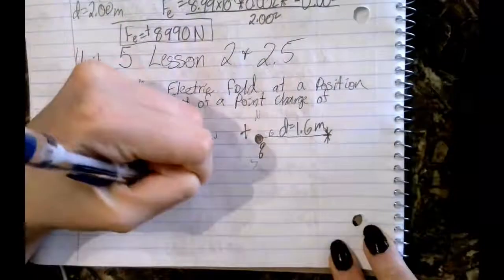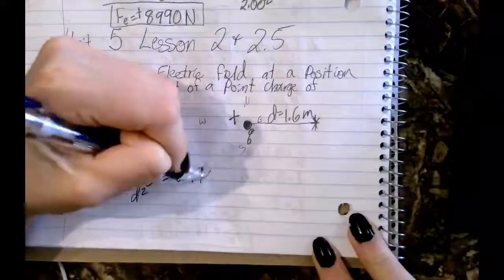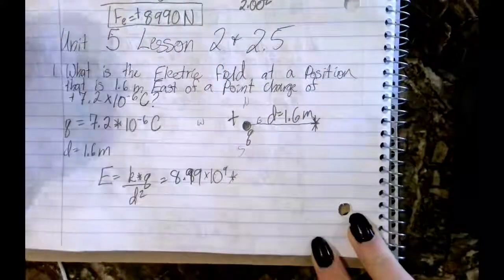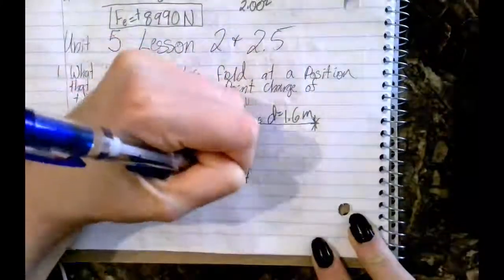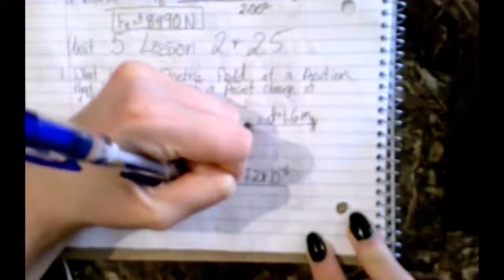Plugging in what we know, K still is 8.99 times 10 to the ninth, times the charge of my particle, 7.2 times 10 to the negative 6, divided by 1.6 squared.